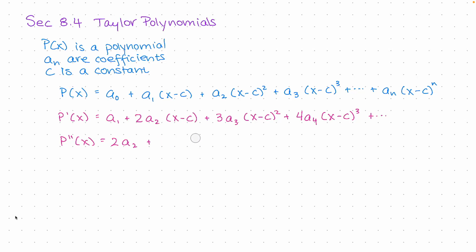Actually, let me write it as 3 times 2 a sub 3 times x minus c to the first power. The next one would be 4 times 3, a sub 4, x minus c squared, and this would just keep going.